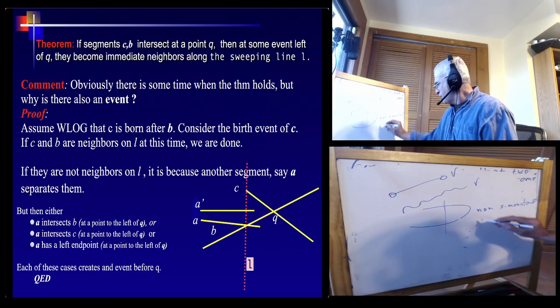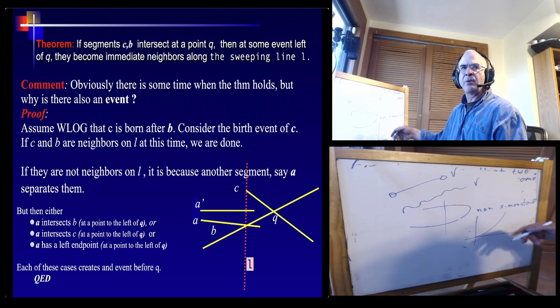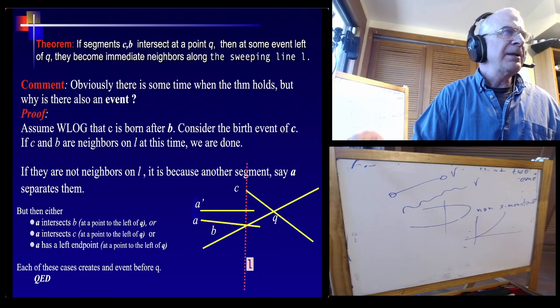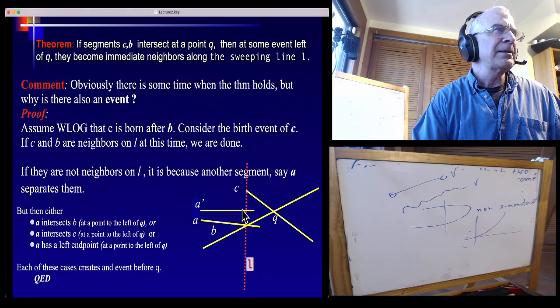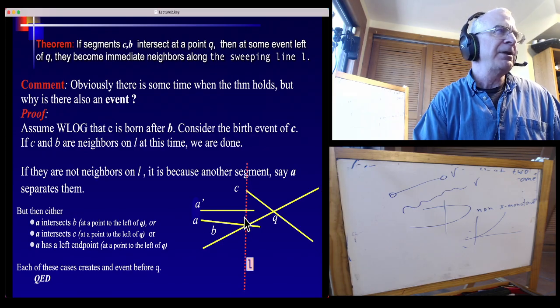And by the way, what you know about functions, if a function is both X monotone and Y monotone, then it's just normal monotone. But here is a point of the proof that I'm using, that segments are not X monotone. Because what happened with this A or A prime that separates between B and C? Well, it continues to the right.